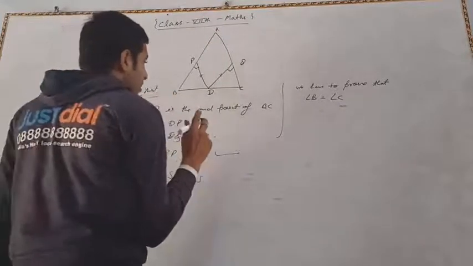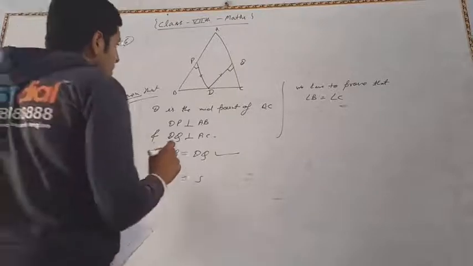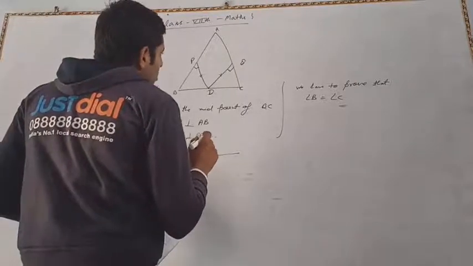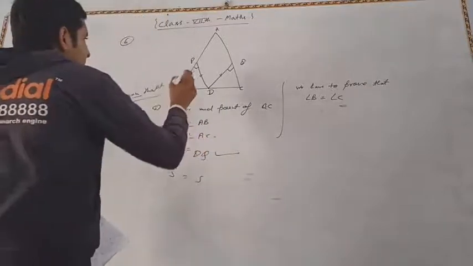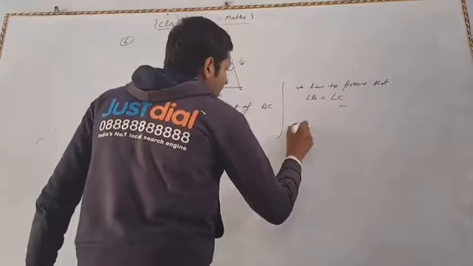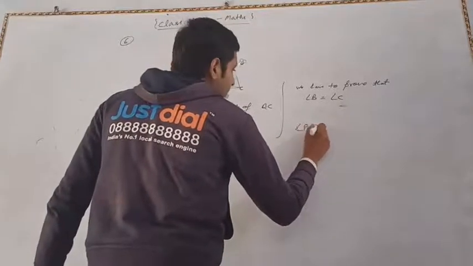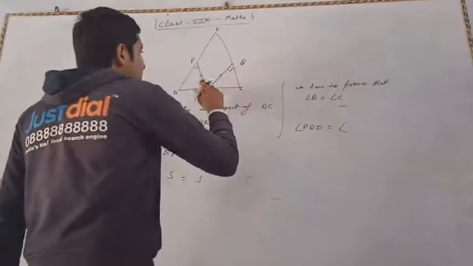And from here we have to prove angle PBD is equal to angle QCD.